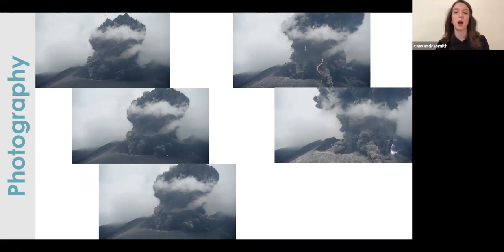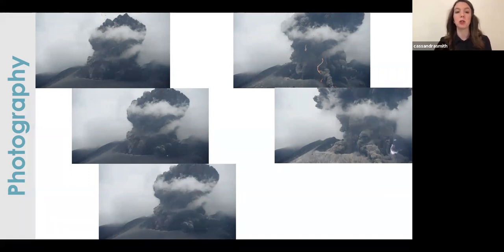And photography is a great way to do it, but there are drawbacks. And one of those is illustrated here. These 5 images are still frames from a high-speed video record of Sakurajima from my dissertation work in 2015. And on the right-hand side, you can definitely pick out lightning. There's definitely lightning in those 2 frames.